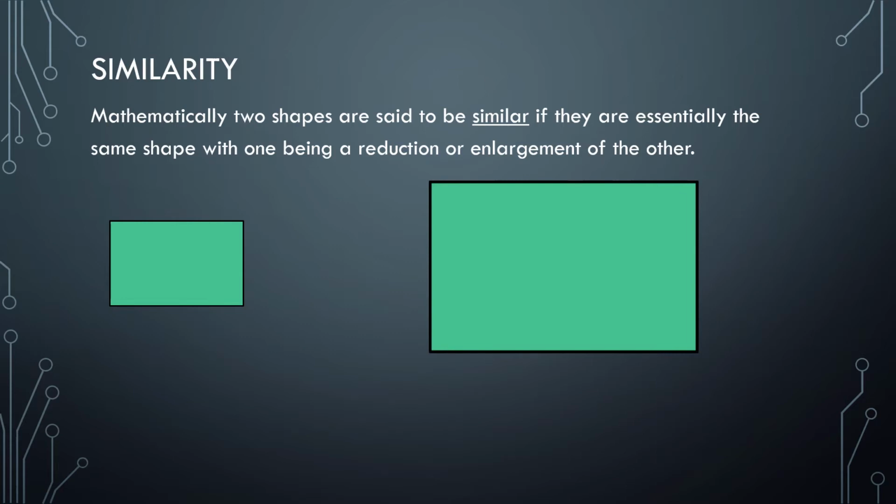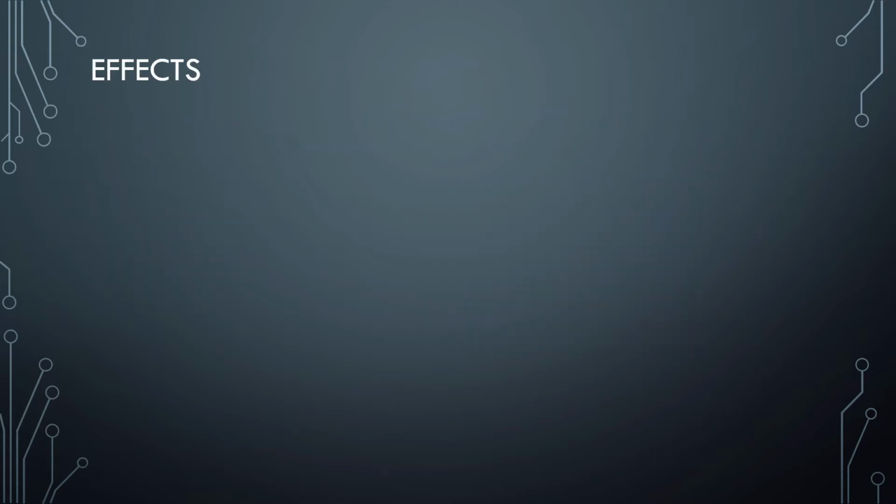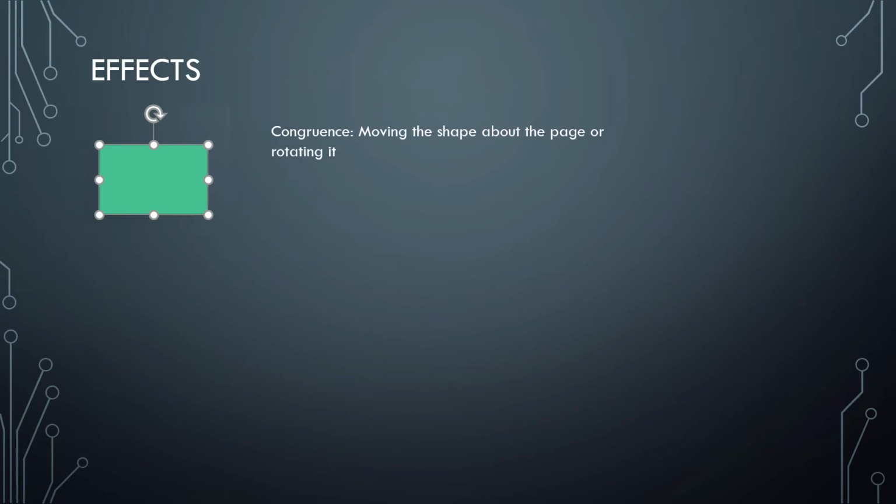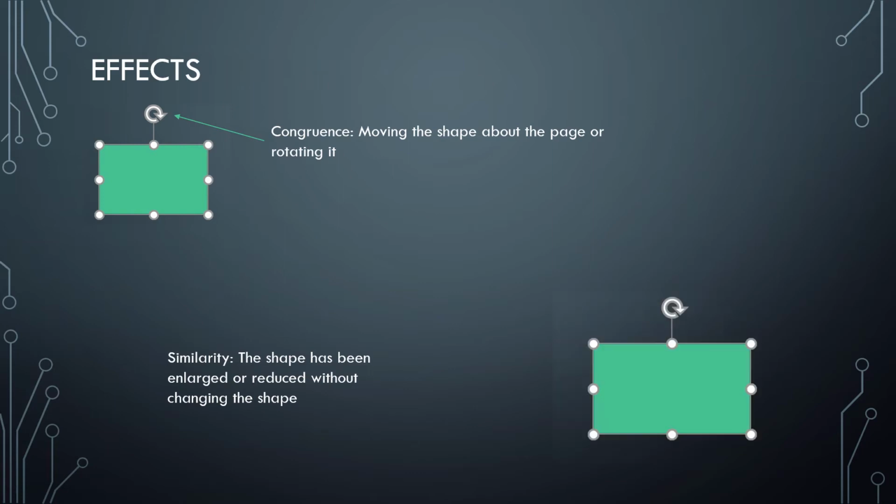So how can we think about what these mean? What effects are happening here? If you want to look for congruency, you can think about moving your shape about the page, or rotating it. If you were to do those kinds of things on the computer, you could either just move your shape, or use a little rotate shape button. If we want to look at similarity, then the shape has been enlarged or reduced, but without changing its shape.